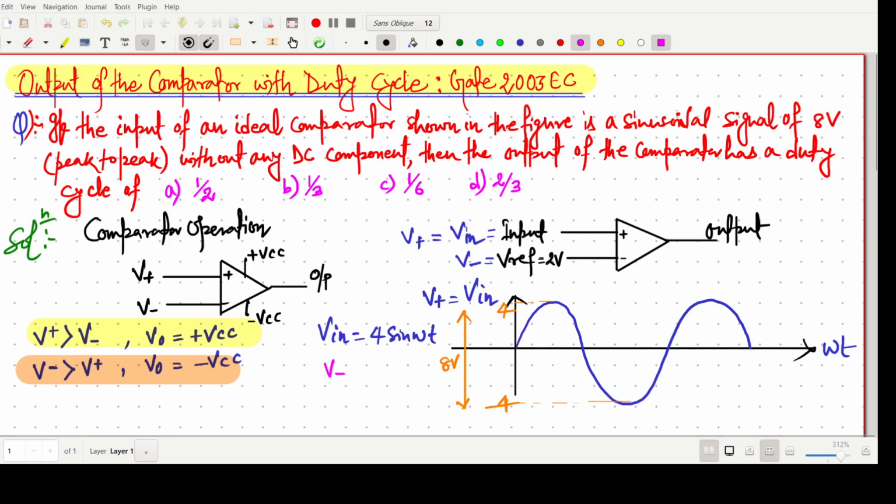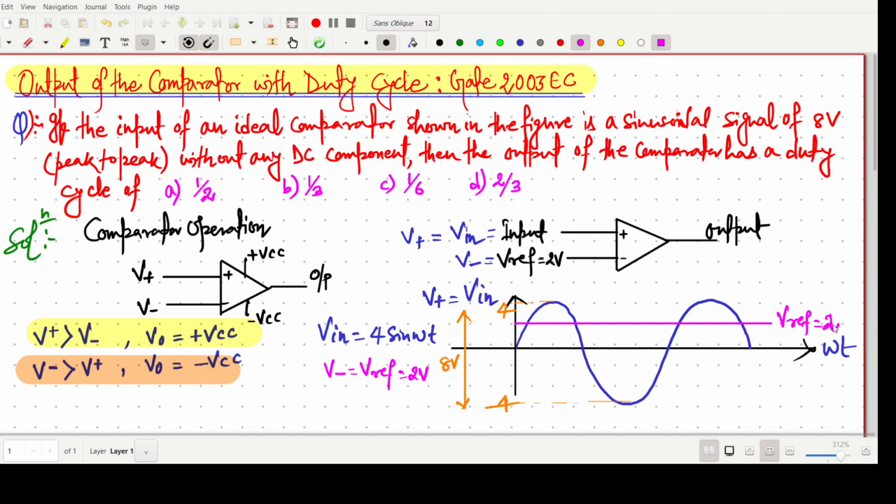Here I'm writing V minus equals V reference equals 2 volts. So a line which is parallel to this, this line is our V reference equals 2 volt, or simply this one is your V minus. We can say this one is V minus, 2 volt.